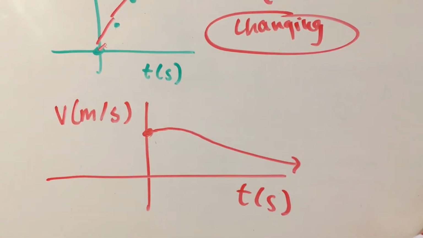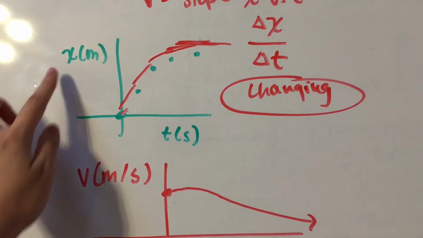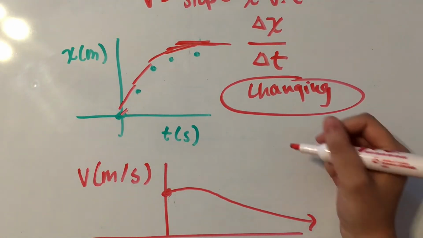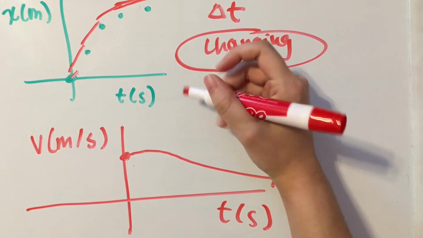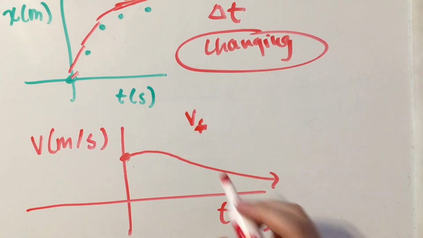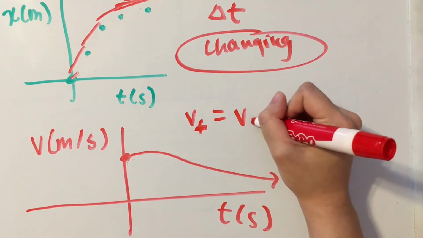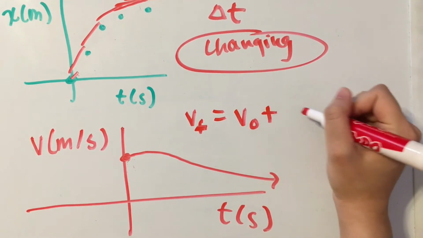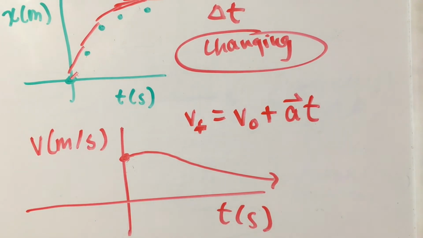And just like we had an equation for position versus time graphs, we also have an equation for velocity versus time graphs. And this is Vf, which is final velocity, equals v0 plus a, which is acceleration, times t.